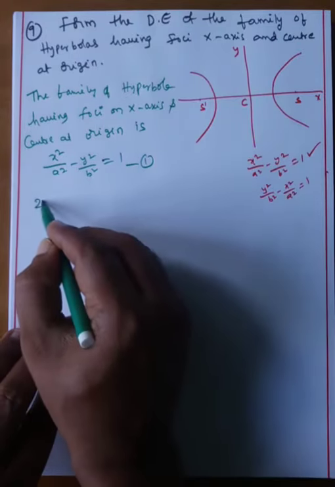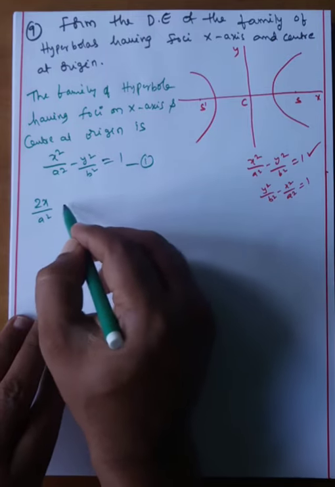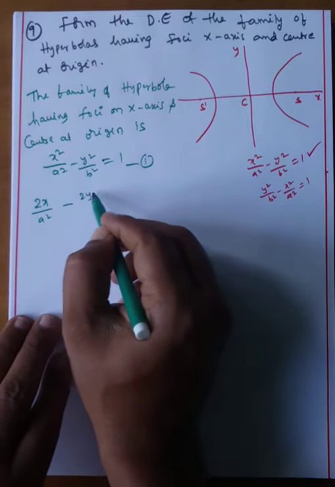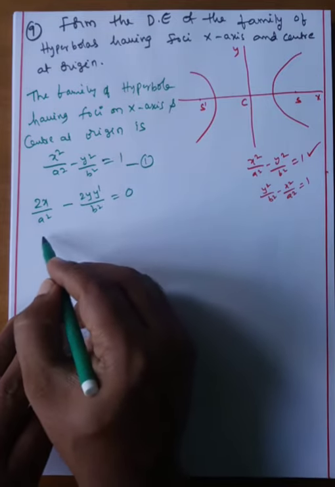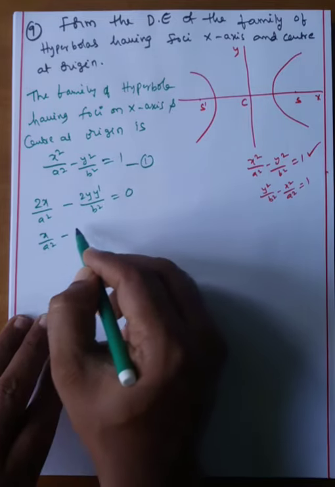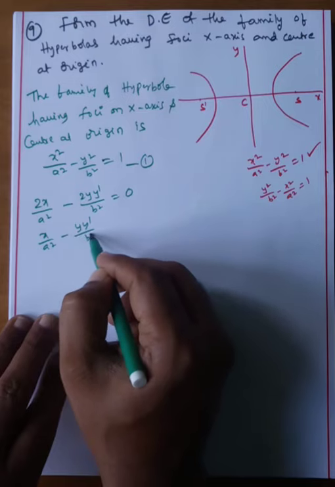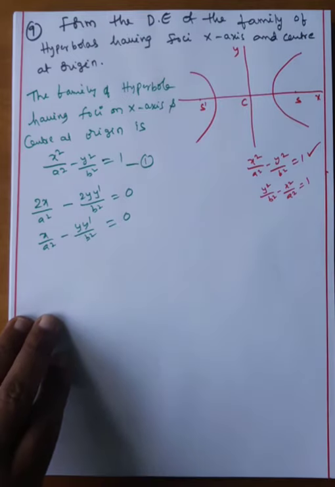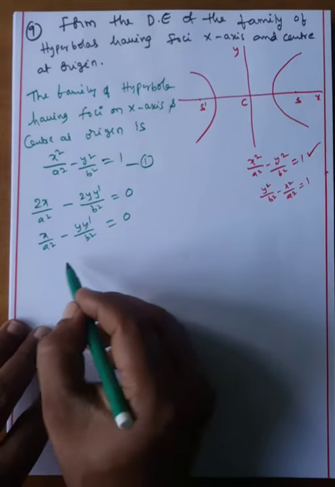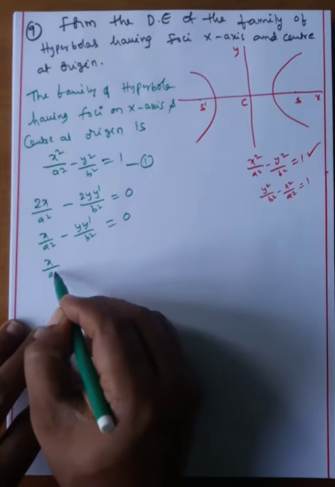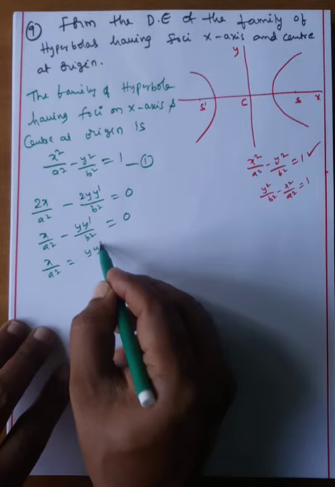Okay, now 2x by a square minus 2y into y dash by b square is equal to 0. Now x by a square minus y dash by b square is equal to 0. From this one you can find any one. Observe that this is another method, not the determinant method. x by a square is equal to y dash by b square.